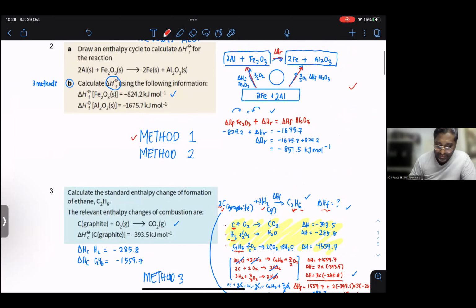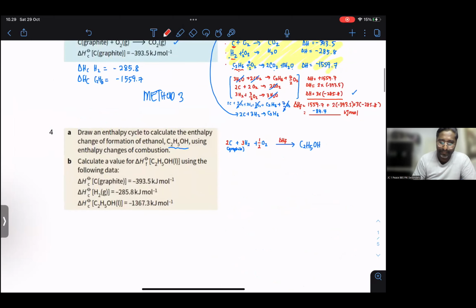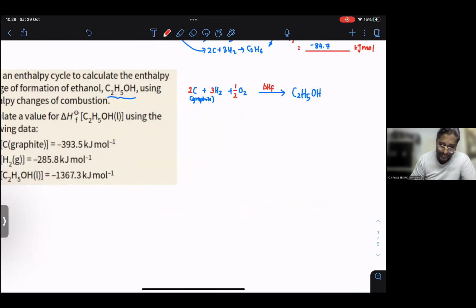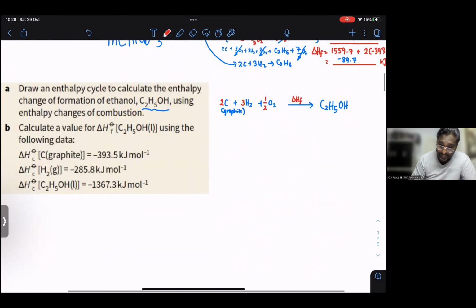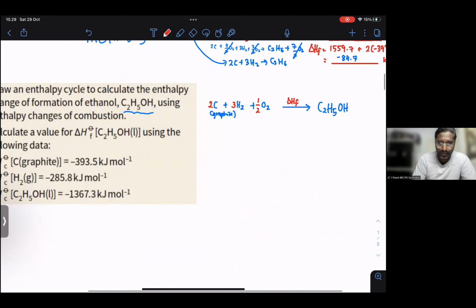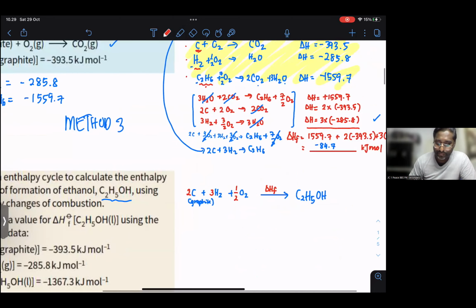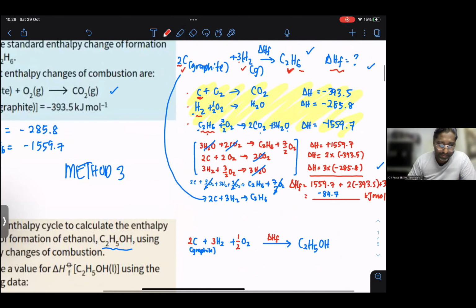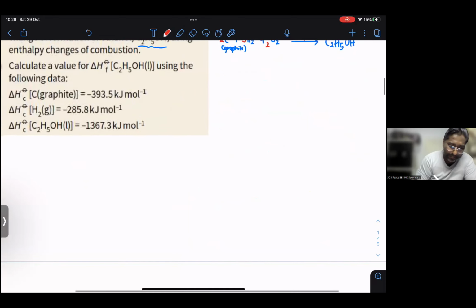This may be difficult, but if the question is an MCQ or paper two and they didn't say you have to draw an enthalpy cycle, you can straight away use method number three, which is rearranging like what we have done earlier.